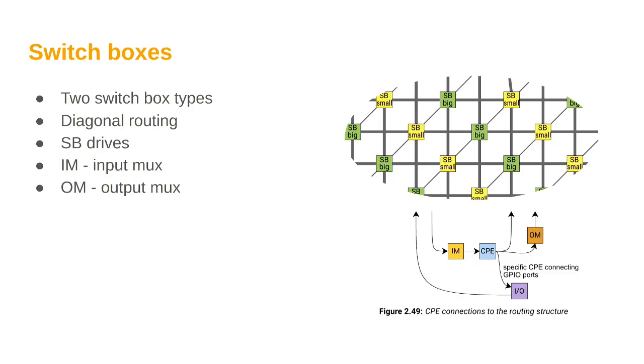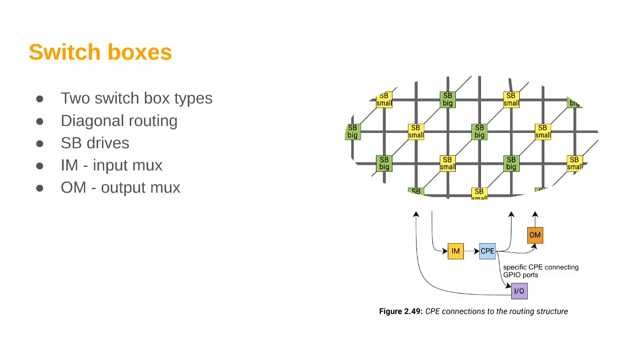Of course, the other thing here is that a complete mesh is connected using the switch boxes. There are 2 types, big and small switch box. You can see here that there is something very specific for this FPGA: there are also diagonal connections. That's quite unusual for an FPGA.